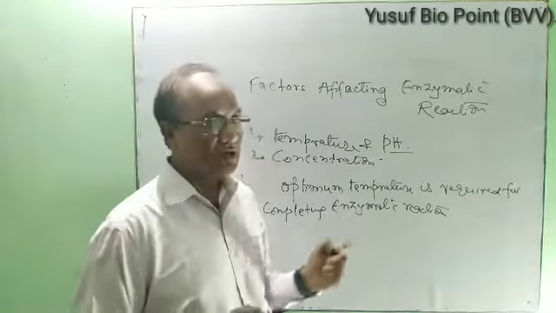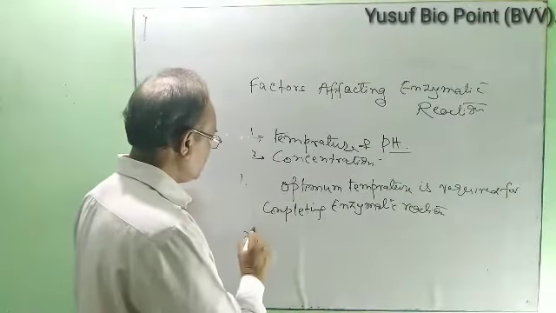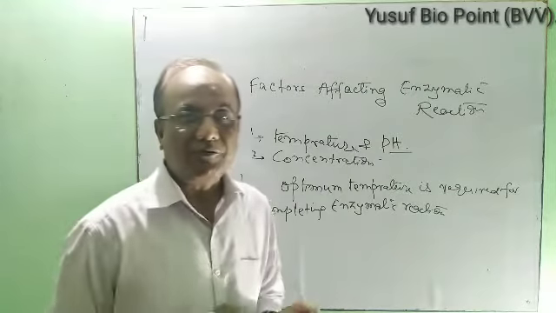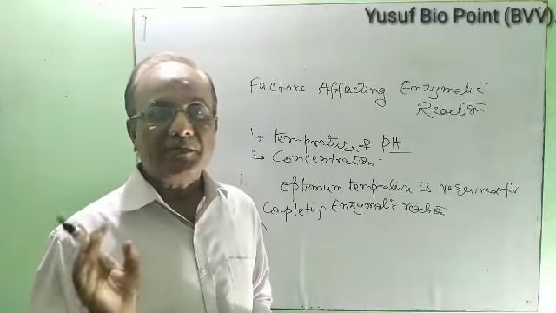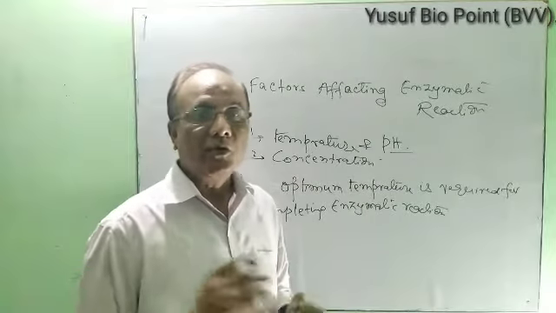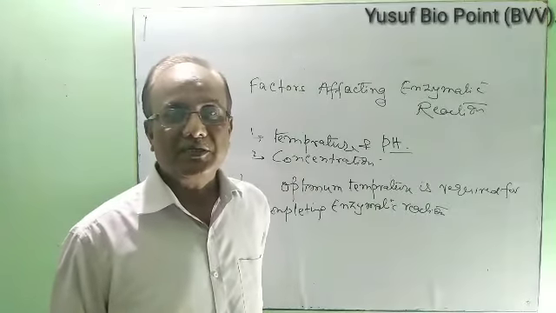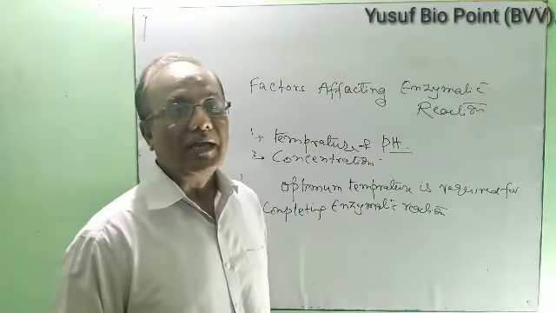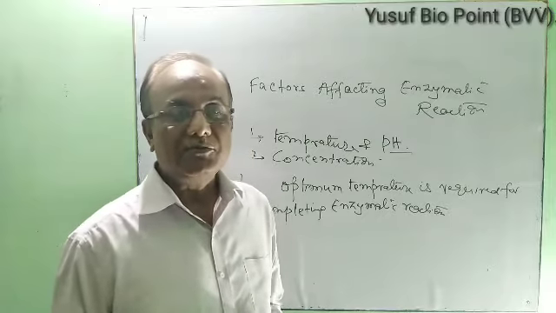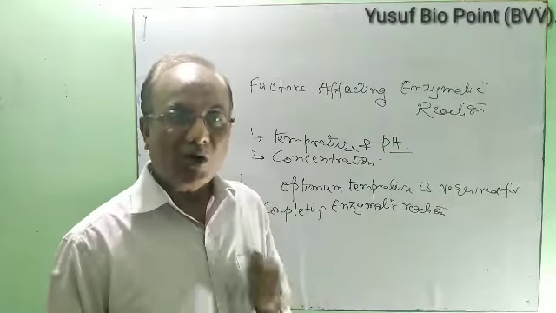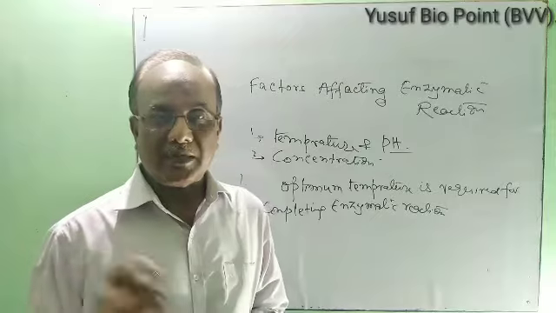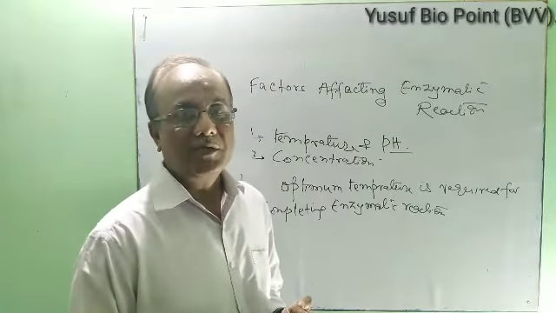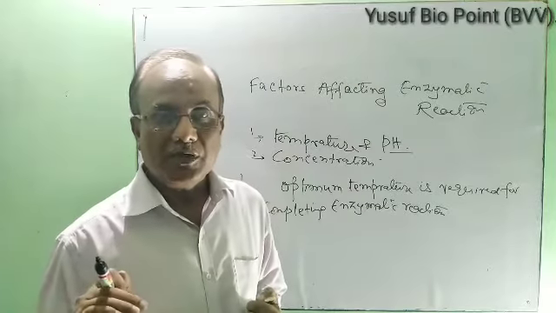Second, pH. You know that pH is the potential of hydrogen ion concentration, and pH indicates whether the medium is acidic, neutral or basic, because all enzymes do not work in all media. Some like basic medium, some like acidic medium, some act in neutral medium.